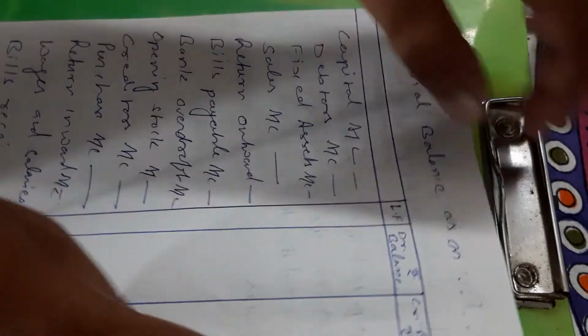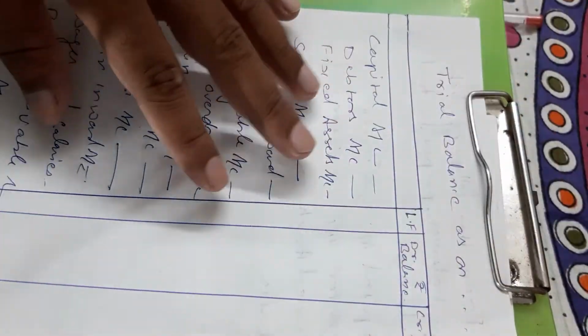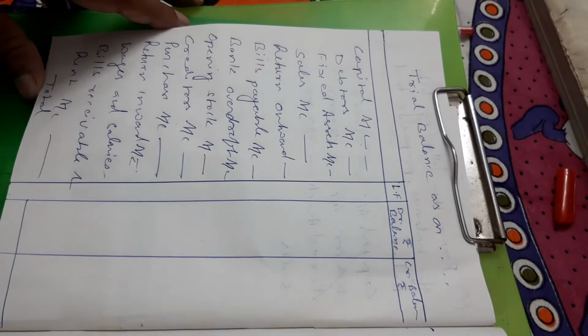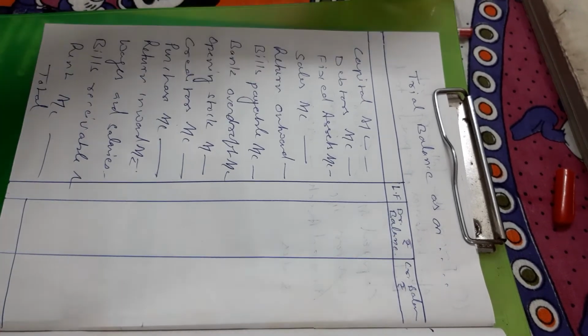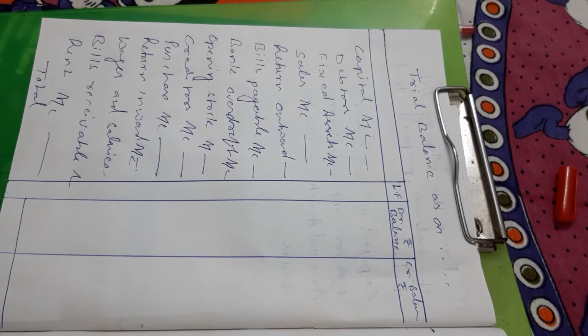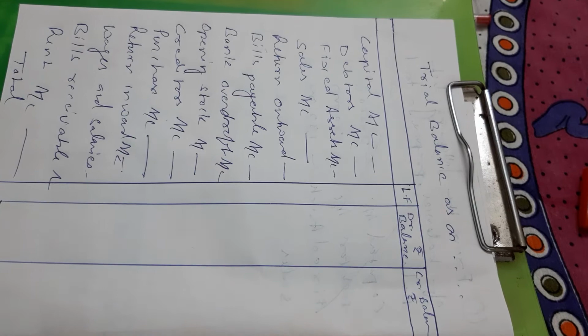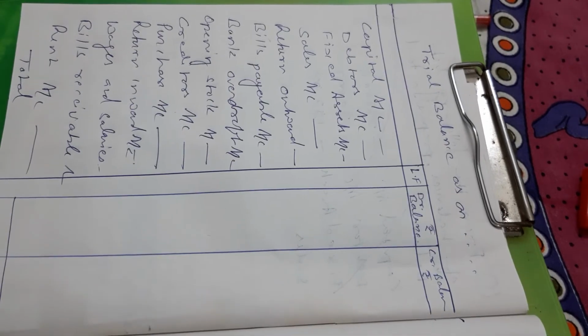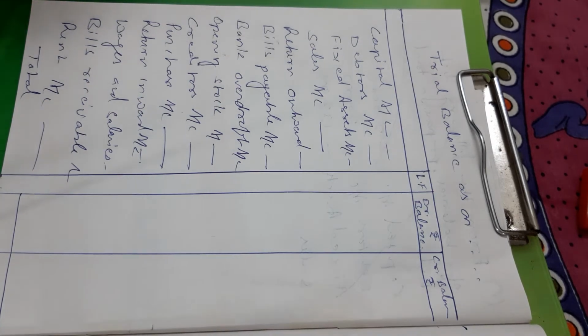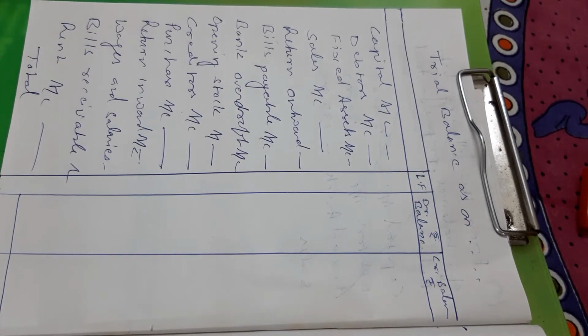At first, you will write here trial balance as on date. Here you will write the date. Try to understand the concept. How will you solve the numerical problem of trial balance?